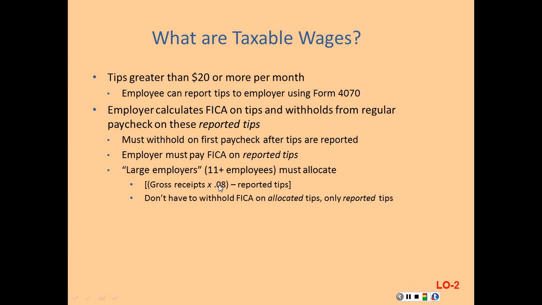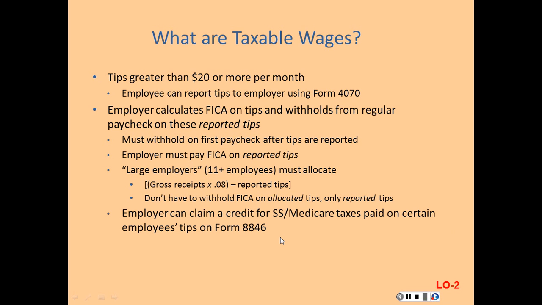The IRS and Social Security believe it's not logical that tips would only average 8% of gross receipts, when custom is that tips get closer to 20%. So you have to withhold FICA on allocated tips, and you get an allocated tip if there is a difference between what was reported and your gross receipts times 8%.